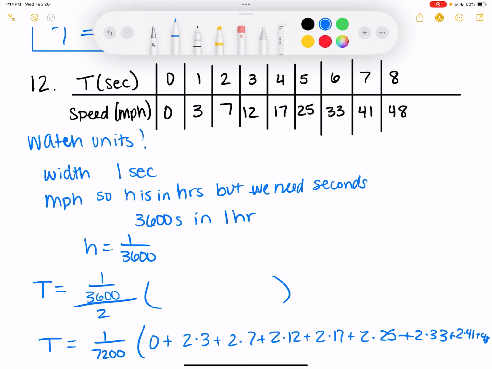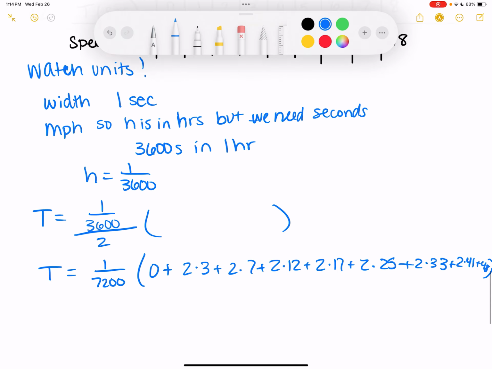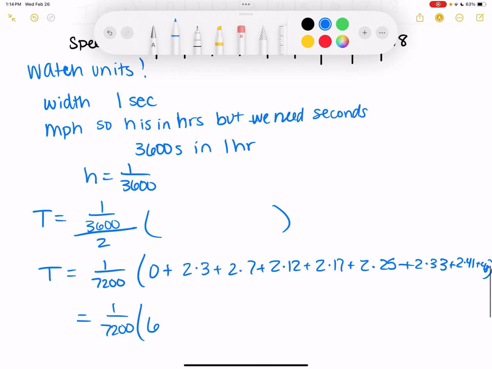So then 1 over 7,200 times 6 plus 14 plus 24 plus 34 plus 50 plus 66 plus 82 plus 48. How many more steps until we get to the answer?